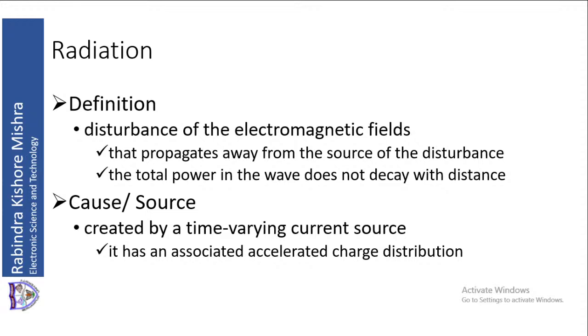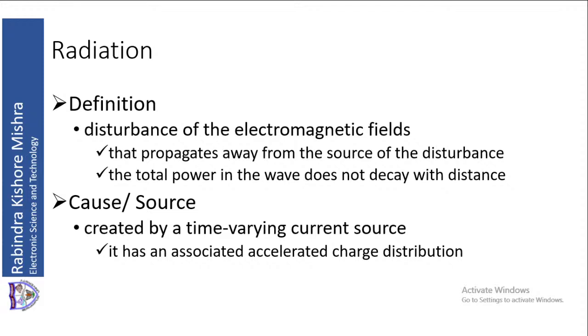By definition, we say radiation is a disturbance of the electromagnetic field. So if there is an electromagnetic field and there is a disturbance, which means there is a time varying electromagnetic field. With time the electromagnetic field changes, so it is disturbed.